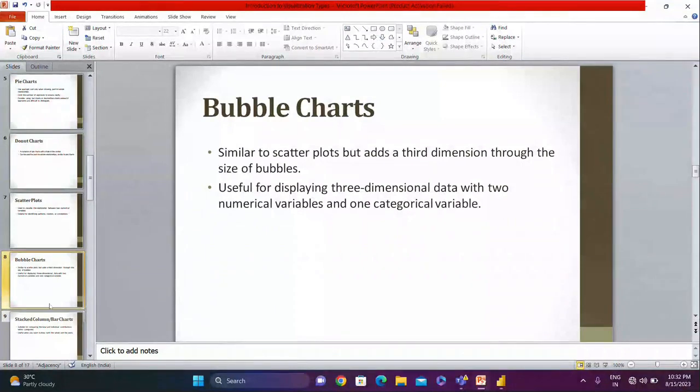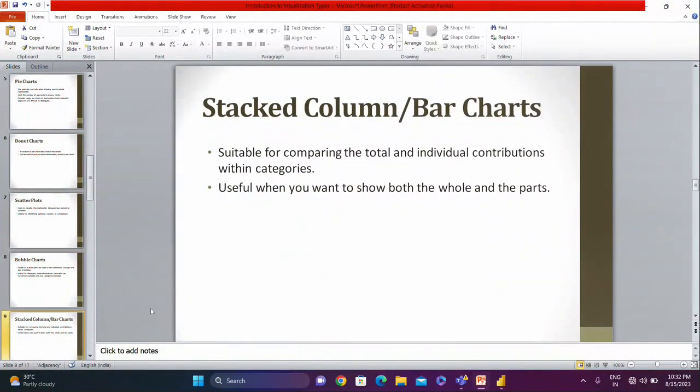Let's move to the next one, which is stacked column / bar chart. Now you must be thinking that we already discussed the bar chart and the column chart, right? Then why are we talking about stacked column chart and bar chart again? Because the point is we have variation in the bar chart also. On one side we have the normal bar chart where we can show the complete data with different bars.